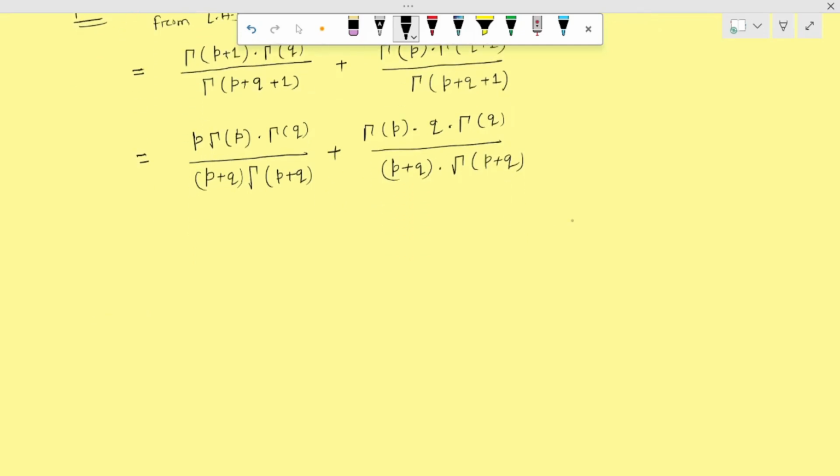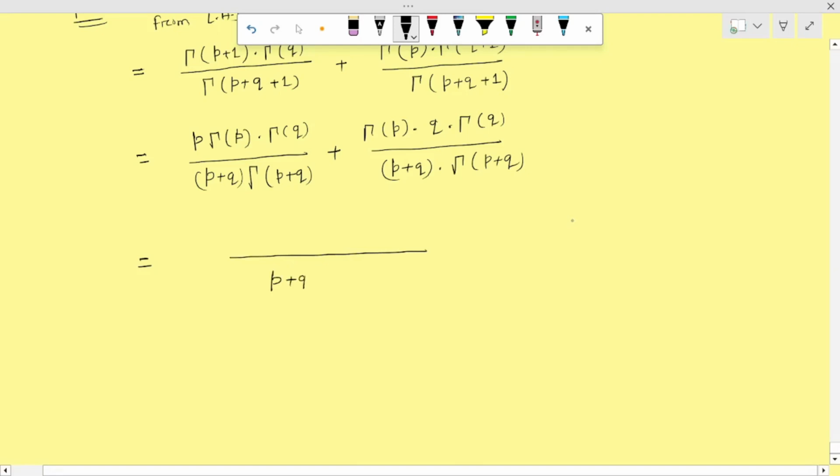Here you can see I'm going to add these two terms. The denominators of these two terms are the same, so if I add, it will be p plus q into gamma p plus q. You just add the numerators. Here gamma p and gamma q are both common and can be taken outside: gamma p into gamma q, and we get p plus q.